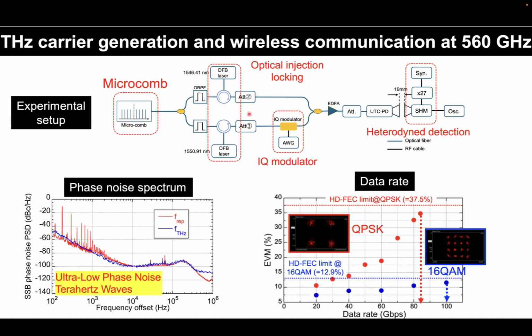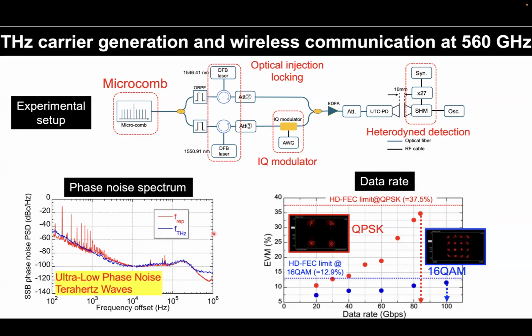Second key is optical injection locking for optical amplification, providing the dual wavelength optical carrier for photomixing without the ASE noise. And the third key is an IQ modulator for advanced modulation formats like QPSK and 16QAM. And the fourth key is heterodyne detection with a subharmonic mixer for high sensitivity terahertz detection.